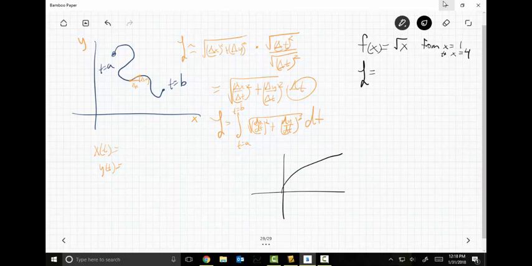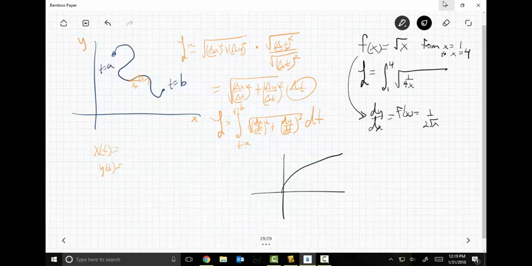All right, so the arc length is the integral from 1 to 4. Now, we know that dy over dx is exactly the same thing as f prime of x, which is just 1 over 2 root x. So I end up with the square root of this guy squared plus 1, which is 1 over 4x plus 1, and then dx. Can you see how I got that?